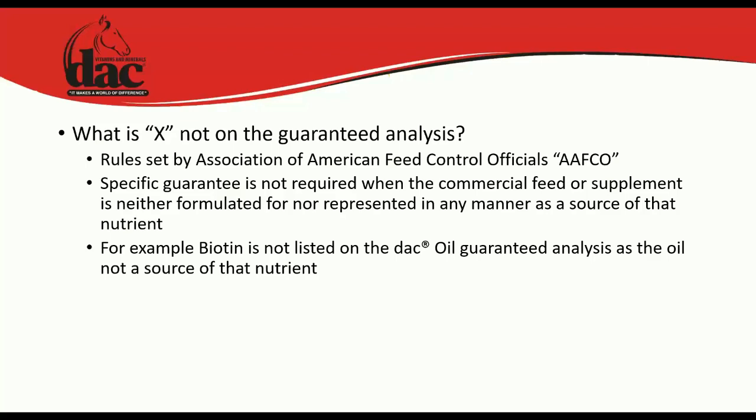So we have to list crude fat minimum, total free fatty acids, unsaponifiable matter, which again is really nothing, but it has to be listed, insoluble impurities, moisture, we also always have to list moisture, and then whatever else is key to that product. Vitamin E is key to the DAC Oil because there's 4,000 IUs per pound.